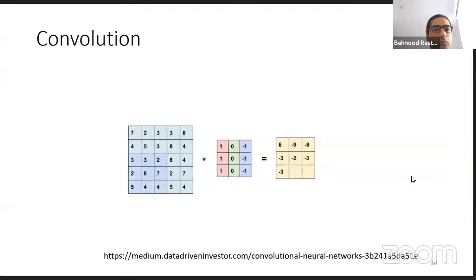But why do we need convolution is the main question here, and I would like to know if somebody can answer in chat. I'll wait for a couple of seconds to see if I get any answer.